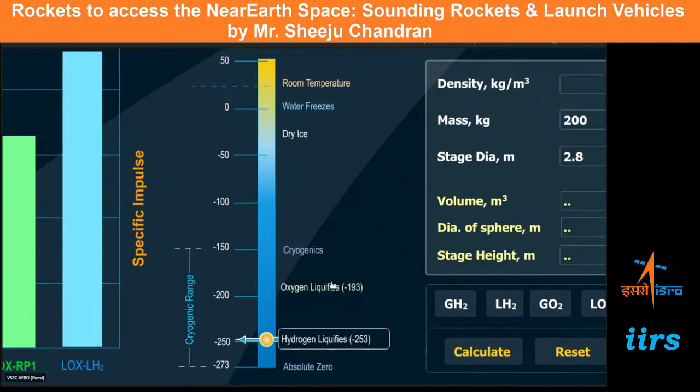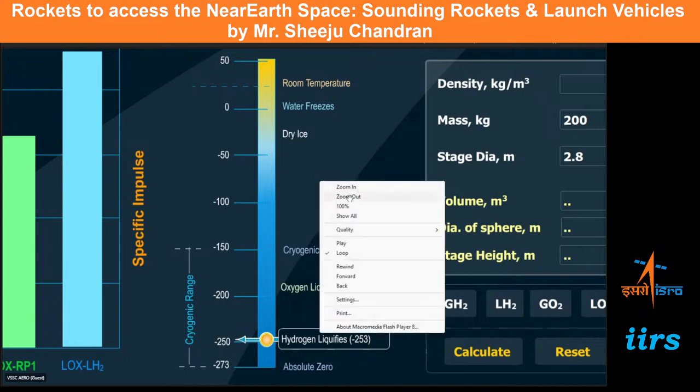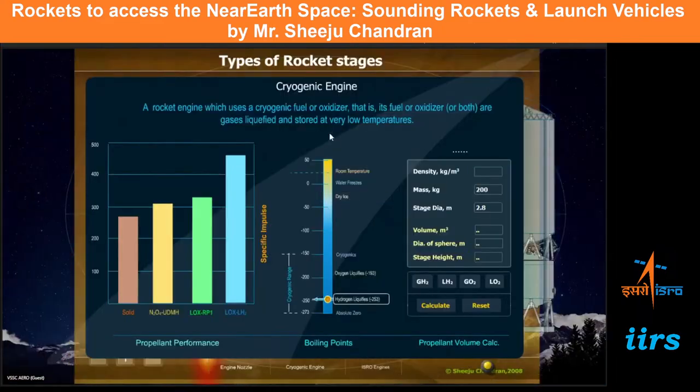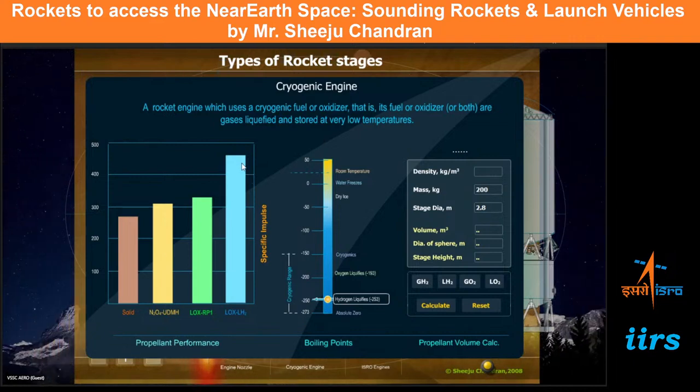It basically says, if you want to use hydrogen and oxygen as rocket engine fuels in liquid form, you have to cool them to extremely low temperatures, which we call the cryogenic temperature range, like -193 and -253 degrees Celsius. Since they are stored in a rocket engine at these extremely low temperatures, it is called a cryogenic engine. We use cryogenic engines because in spite of all these difficulties in cooling and maintaining temperature, they give very good performance.